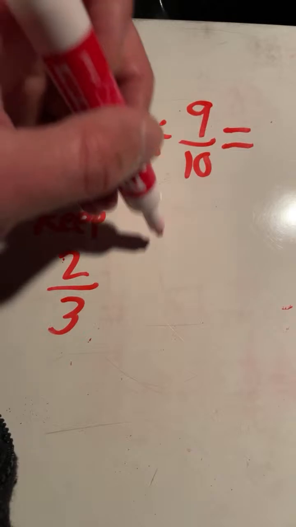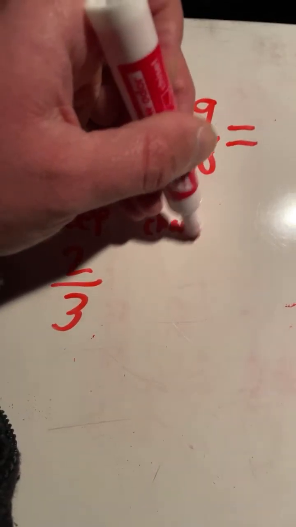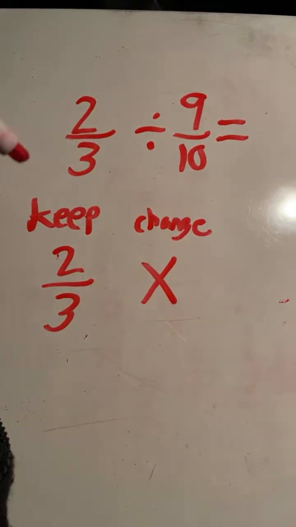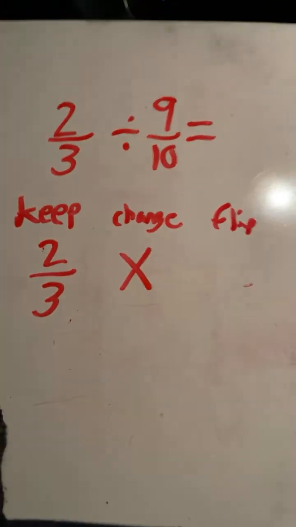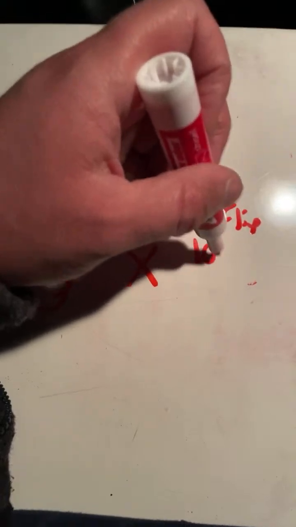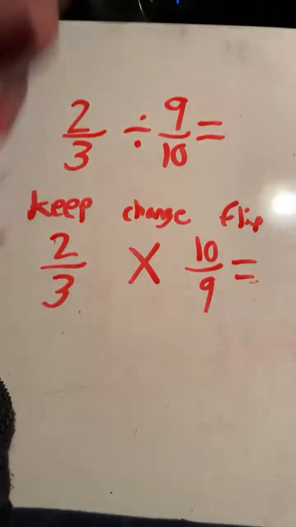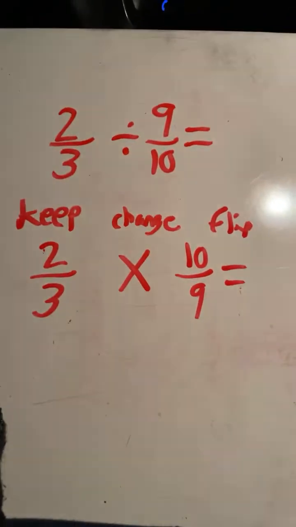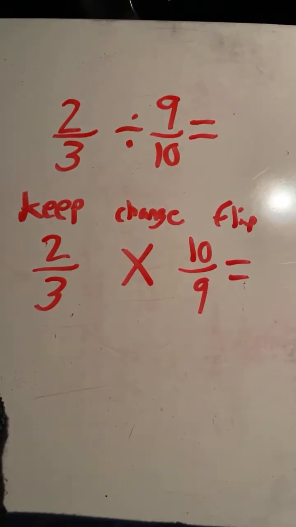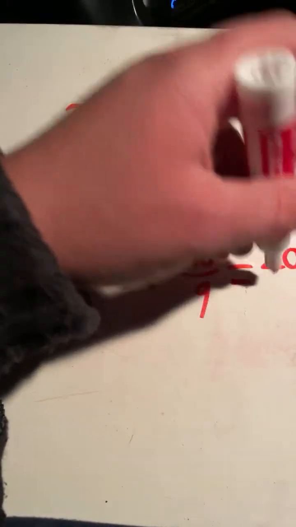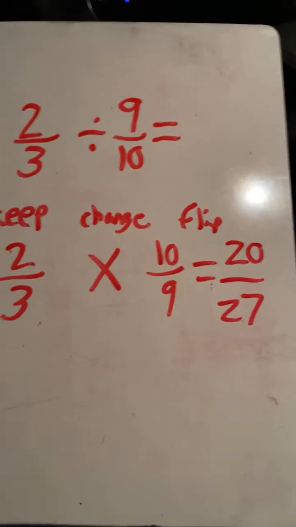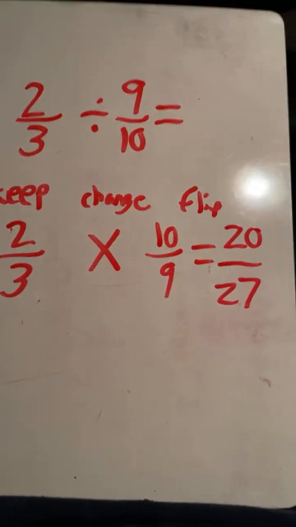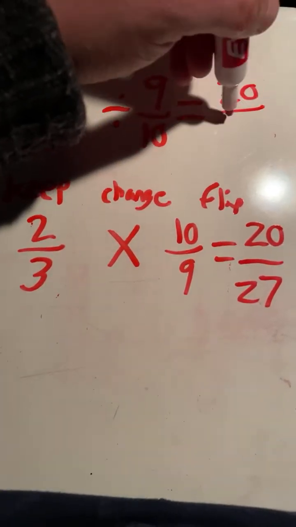Step 2, we change. Step 3, we flip. So 9/10 becomes 10/9. And now we multiply. 2 times 10 equals 20. 3 times 9 equals 27. And our answer to 2/3 divided by 9/10 is 20/27.